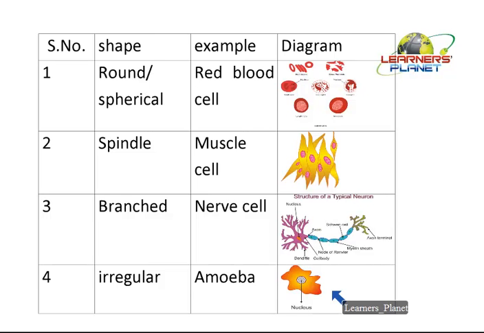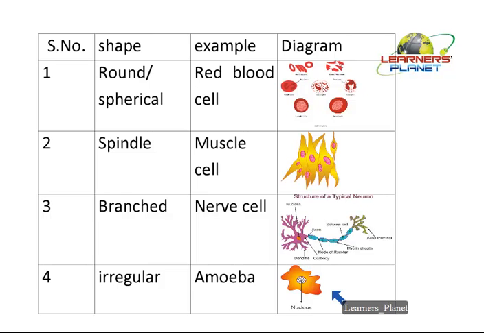Now why is there a need to change its shape, or what advantage is provided to this organism because of this type of shape? As they can change shape, they can capture food. They can do locomotion, that means they can move around in their surroundings. So all these are the benefits provided due to the irregular nature of its shape.